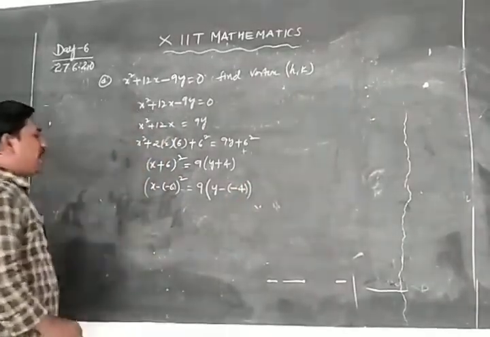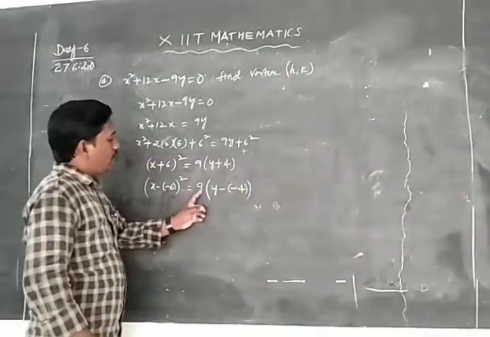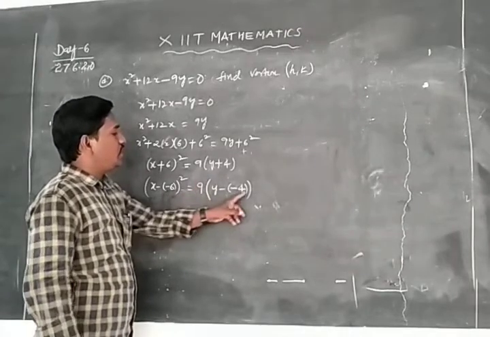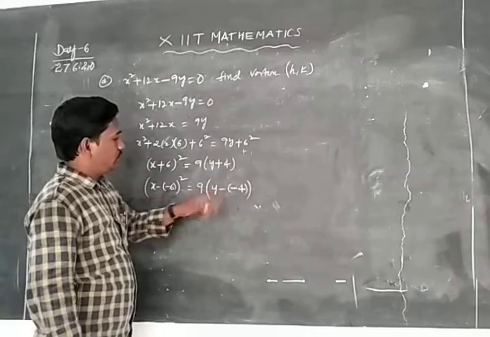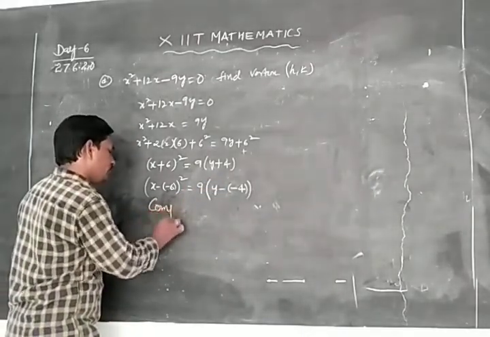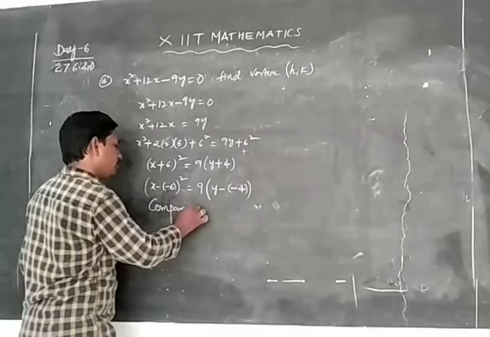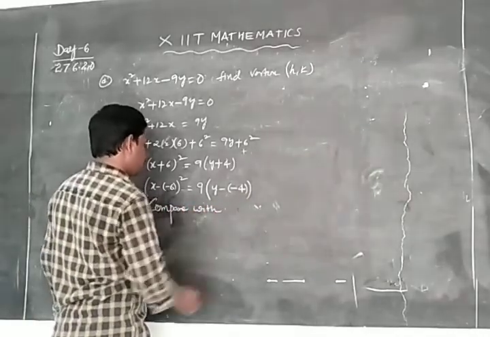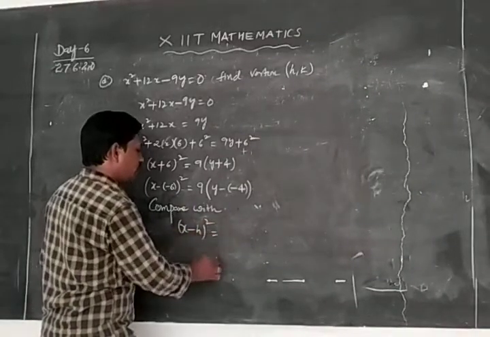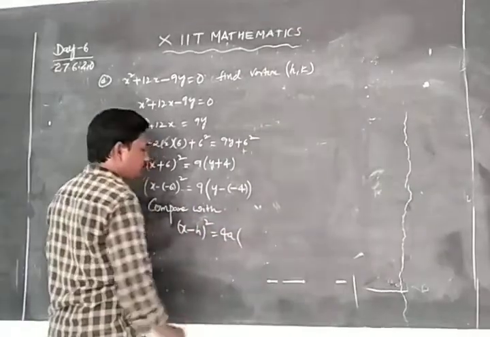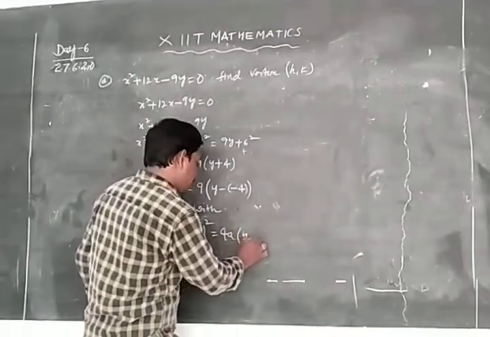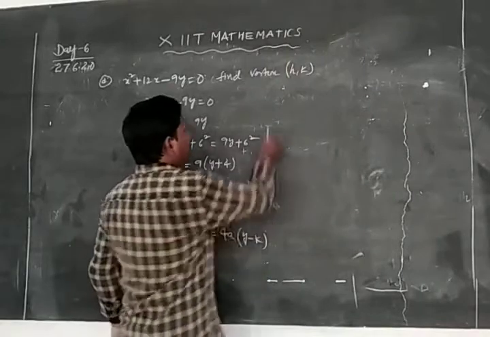Okay, compare with 9 into y, 9y, minus into minus plus, 9 into 4, 36. Compare with x minus h all square equal to 4a into y minus k.